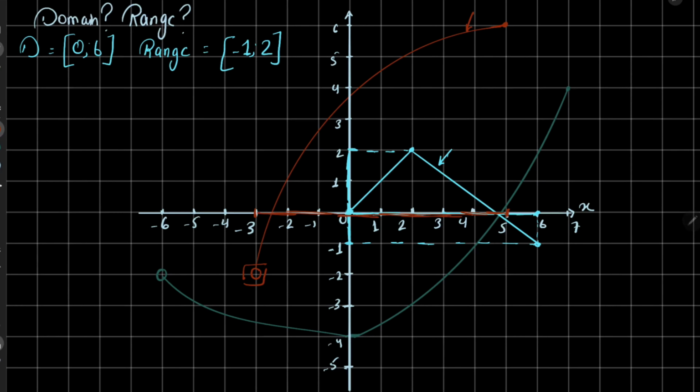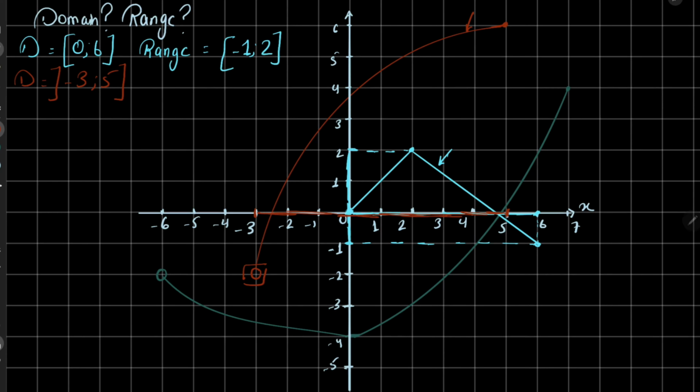We can see that the projection of the red graph on the x-axis is from -3 to +5. So the domain of definition of the red graph is from -3 to +5, where +5 is contained, but -3 is not contained, as we've said.